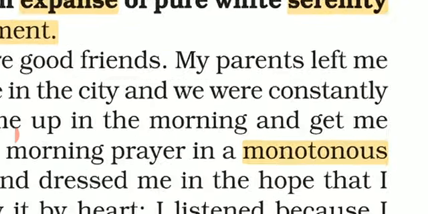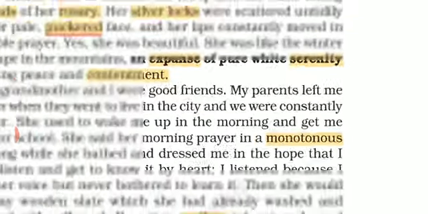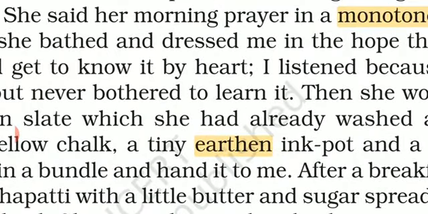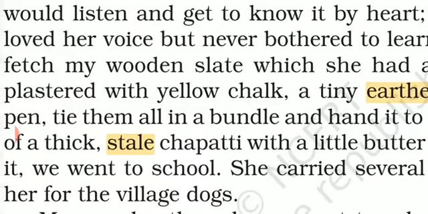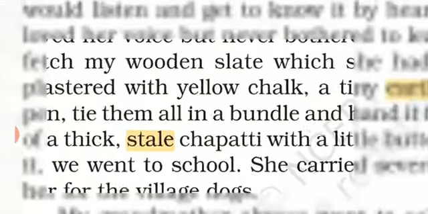Monotonous. Monotonous means something unchanging, boring, you can say. Then we have this word earthen, which means something made of soil, or you can say mud. Stale. Stale means something not fresh.